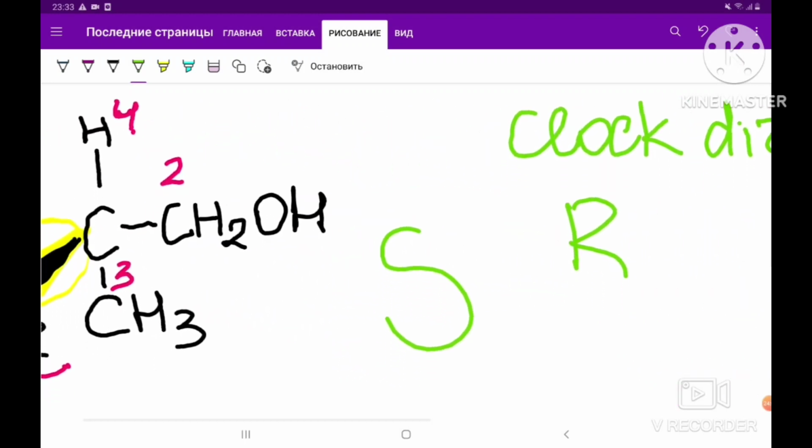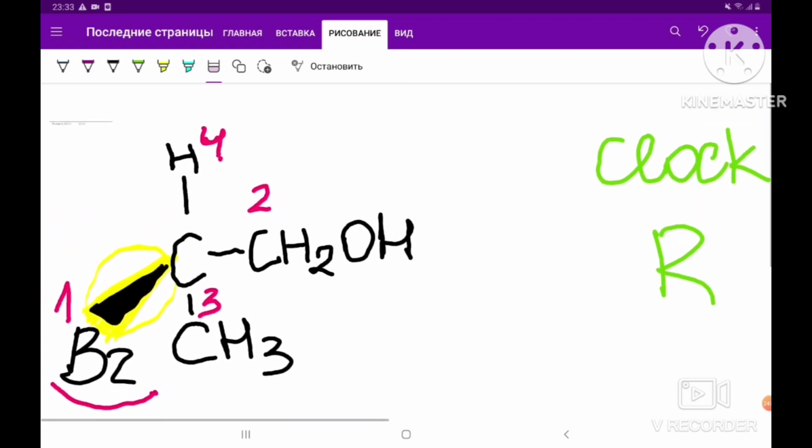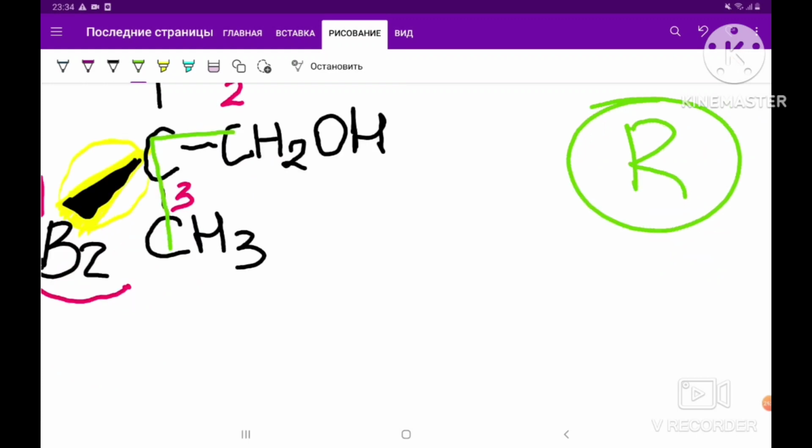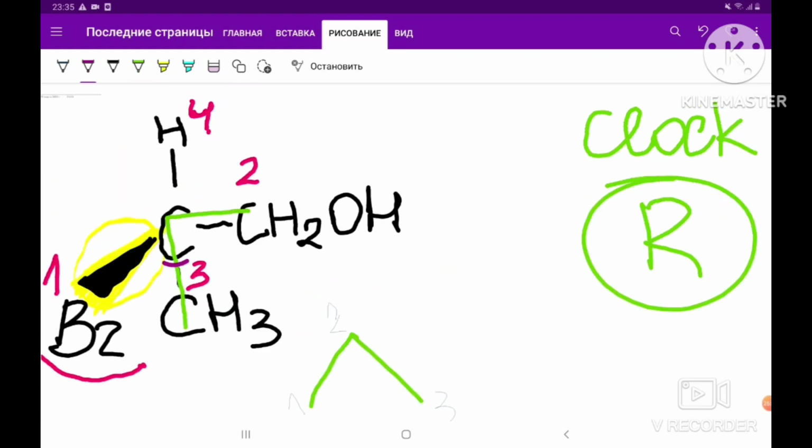And let's now draw it. We see that we have 3 carbons. It will be propane, but it's an alcohol because we see that there is a hydroxy group. So on the second carbon we have a bromine radical, and on the first carbon we have an OH group.